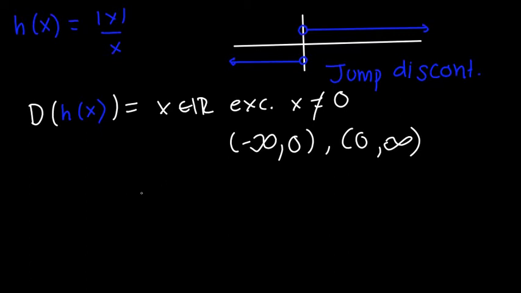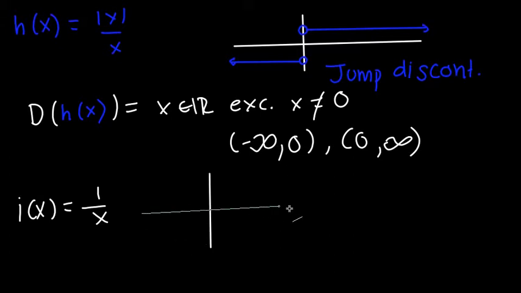We'll do one more graph, I of x, which is equal to 1 over x. You might have seen this graph many times before, but let's see it one more time. It looks something like that. Here we have a horizontal asymptote and a vertical asymptote.